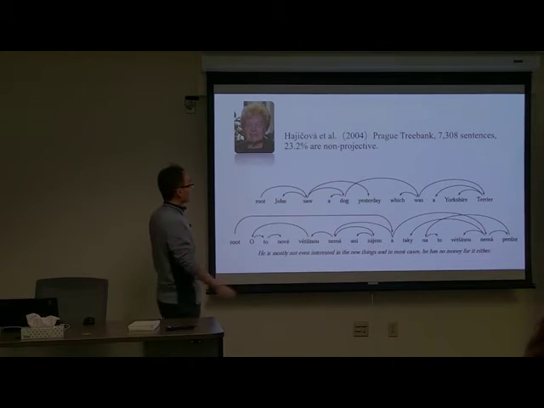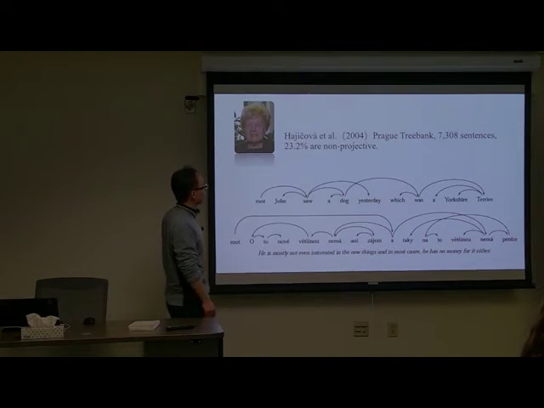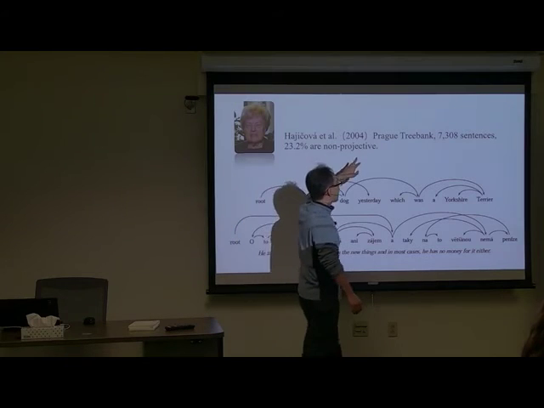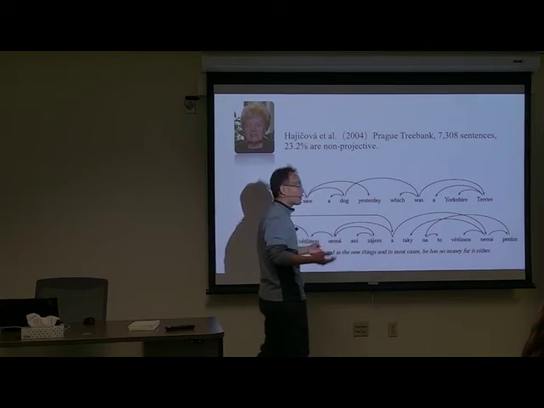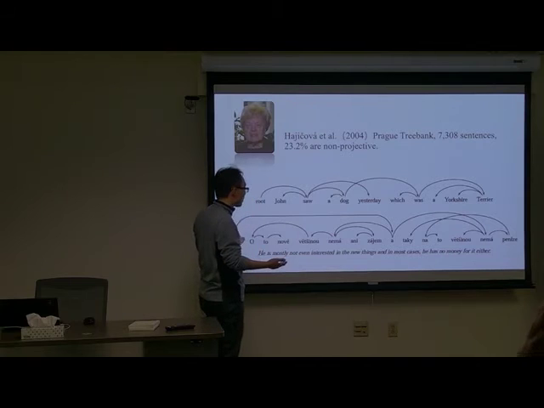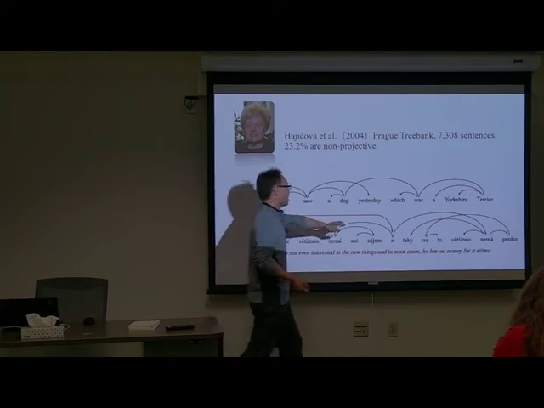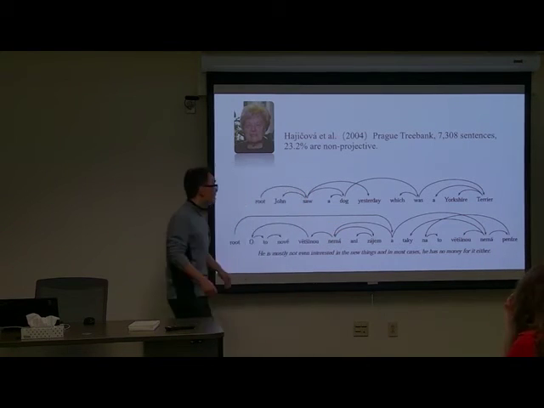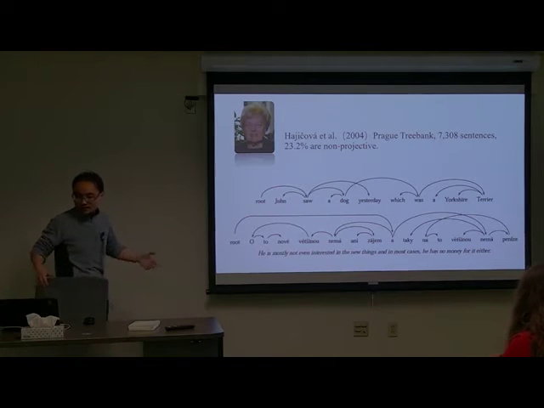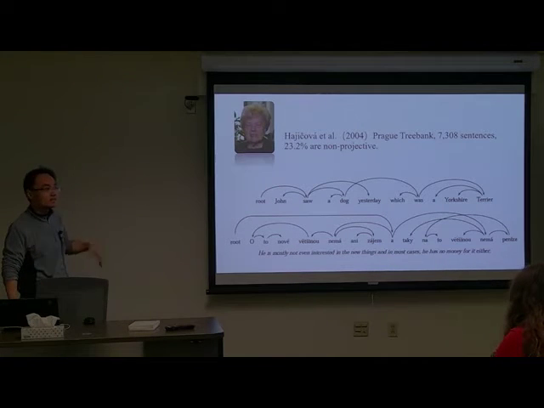But things changed. When they constructed the Prague Treebank using dependency grammar, more and more crossings were found in Czech. About 23% of all the sentences have crossing edges.